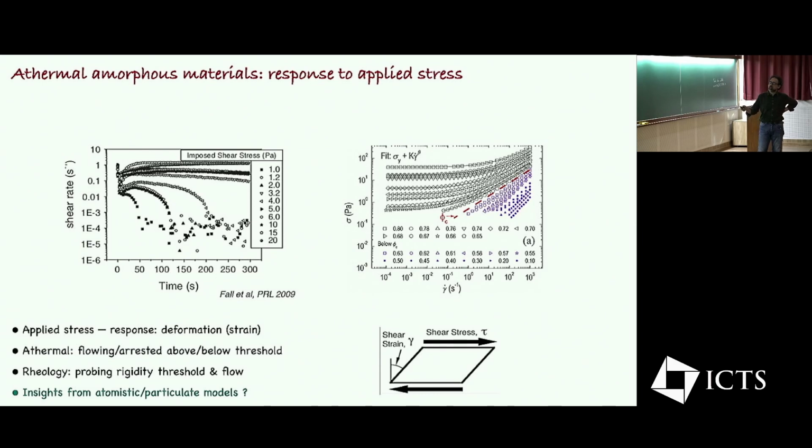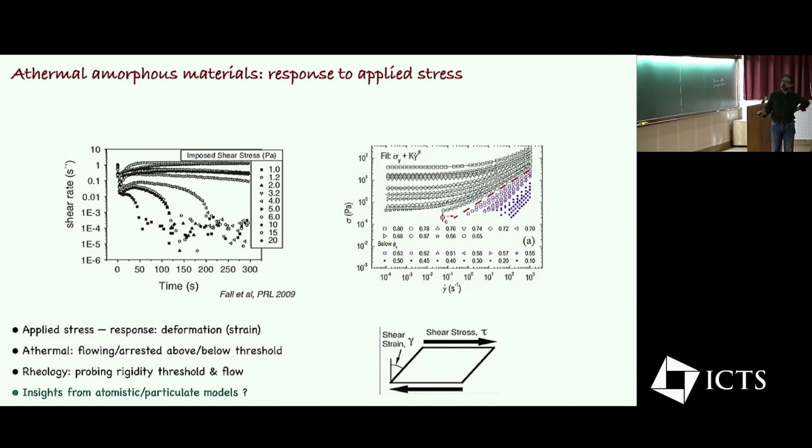You can see that below a certain packing fraction, there is no finite yield stress inside the system. That is, if you go to vanishing shear rates, there is no finite yield threshold. On the contrary, if you crank up the shear stress, then you have this finite yield stress. Essentially, amorphous solids are known as yield stress materials and so on.